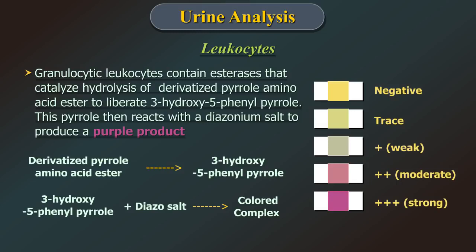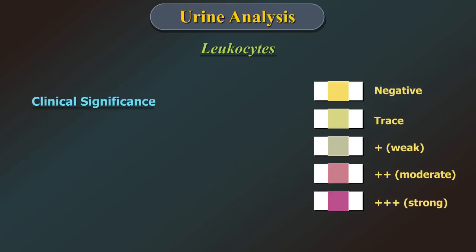Leukocytes. Granulocytic leukocytes contain esterases that catalyze the hydrolysis of pyrrole amino acid ester to liberate 3-hydroxy-5-phenyl-pyrrole. This pyrrole then reacts with diazonium salt to produce a purple product. The clinical significance is detecting pyuria and acute inflammation.